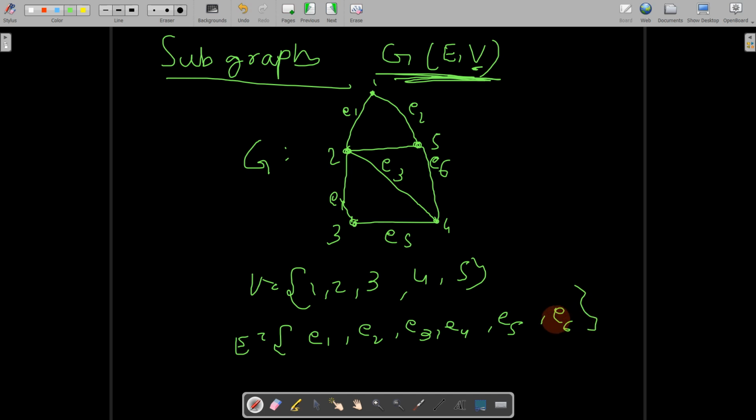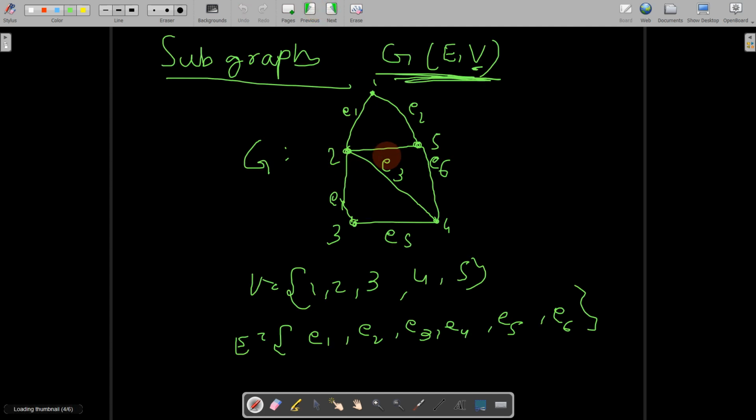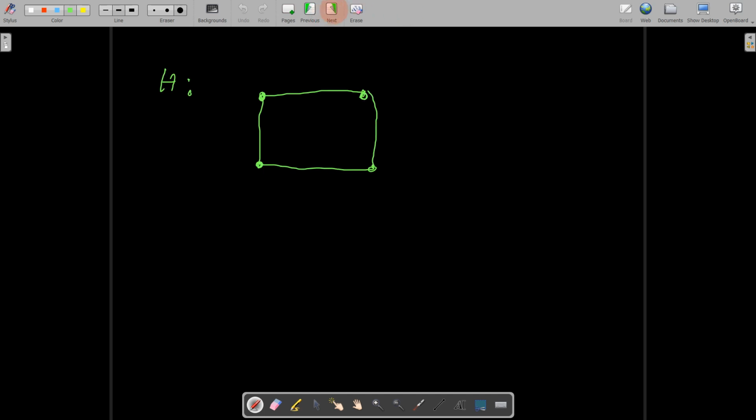Now you decide to create another graph using a portion of the vertices and a portion of edges. So suppose you create another graph H, which is a subgraph, meaning a portion of vertices and a portion of edges from the original graph. So this is your subgraph. The vertices are 2, 5, 3, 4.